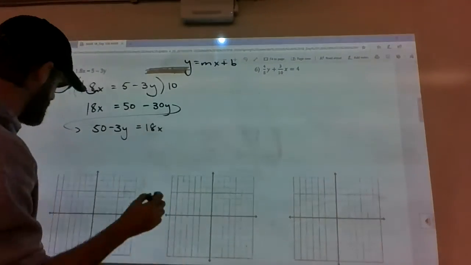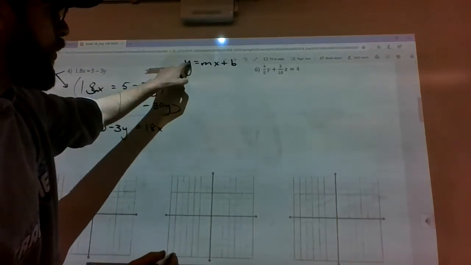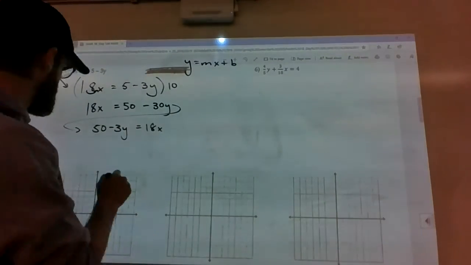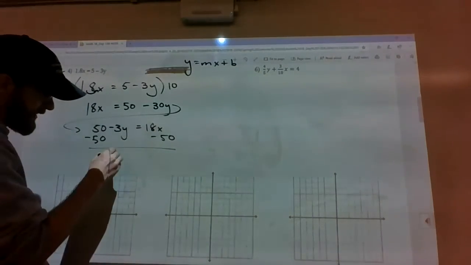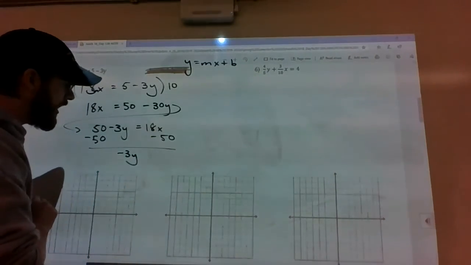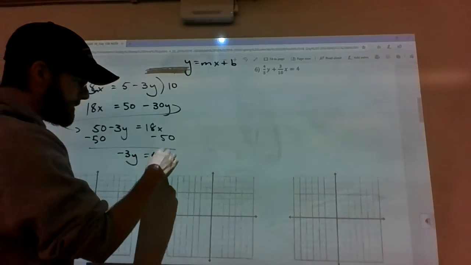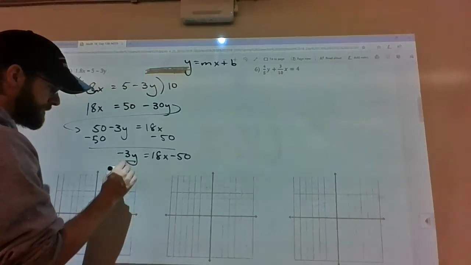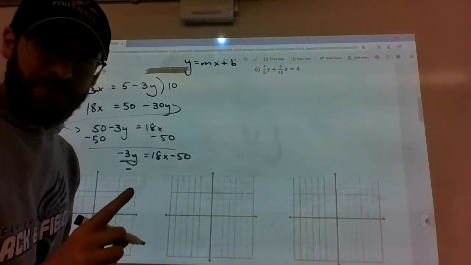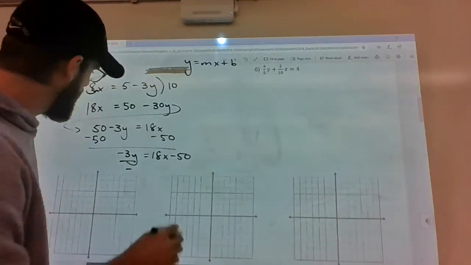Symmetric property. Now, I need the y alone, so get rid of this 50 by subtracting. Don't drop the negative on the 3y. You got 18x minus 50, and then you're going to divide by negative 3. I'm sorry, I dropped the 30 on the y.